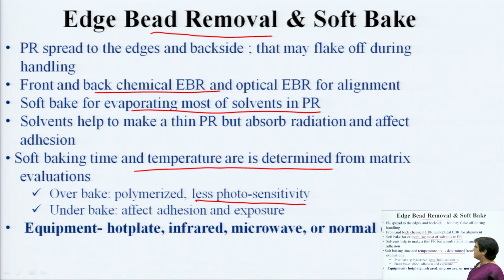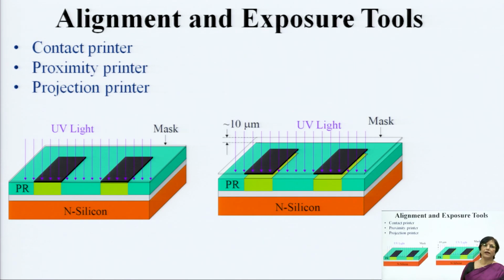If you over bake, the PR will get polymerized and it will become less sensitive. If you bake it less than the desired value, the adhesivity will get affected, and thereby the exposure results will also be hampered. The equipment used for soft bake is a hot plate, infrared or microwave, or a simple oven, where you elevate the temperature and eliminate the moisture content.